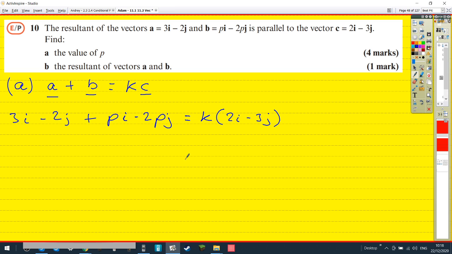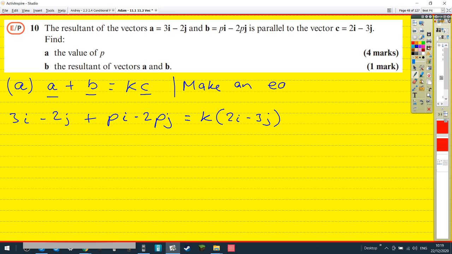So pick either... well, what would you do next? Could you get rid of P, but then P is what you want to solve for. Make an equation. Could you make a simultaneous equation?